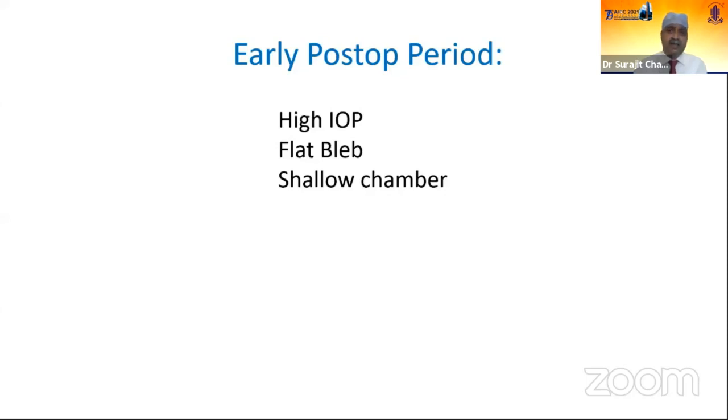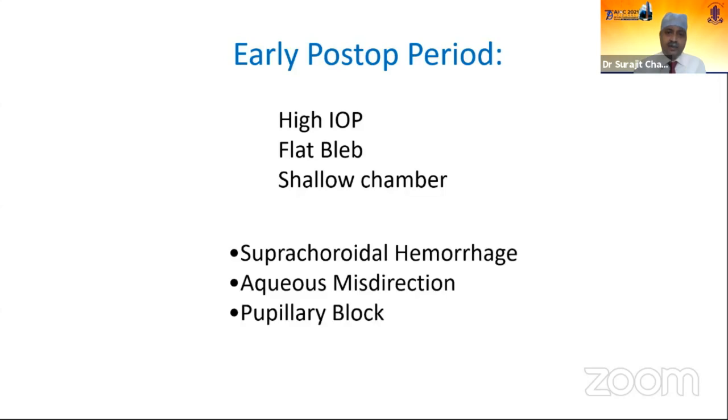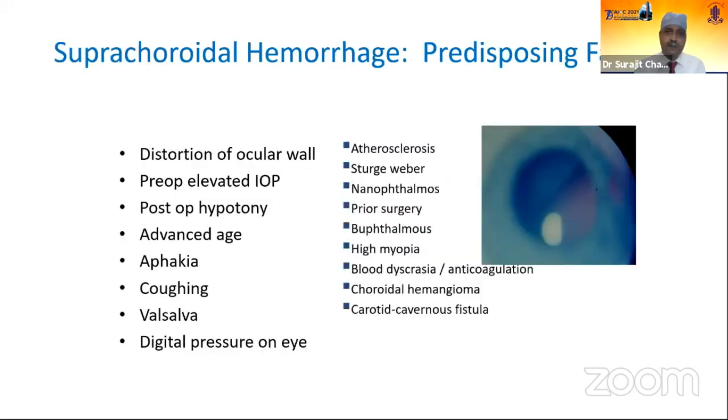Well, the other entity is the early postoperative period when there is high IOP with a flat bleb and the AC also is shallow. Think of suprachoroidal hemorrhage, aqueous misdirection, and pupillary block. These are the 3 notorious entities to cause this.